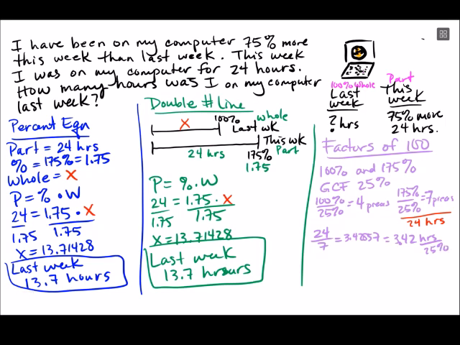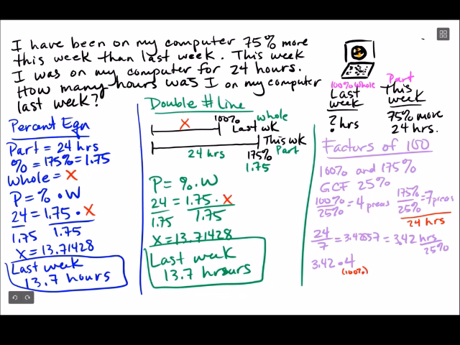Now, how many 25% were in my 100? There's 4 of those. So I am going to take my 3.42 hours that's in each of my pieces and multiply that by the 4 pieces. This is my 100%.